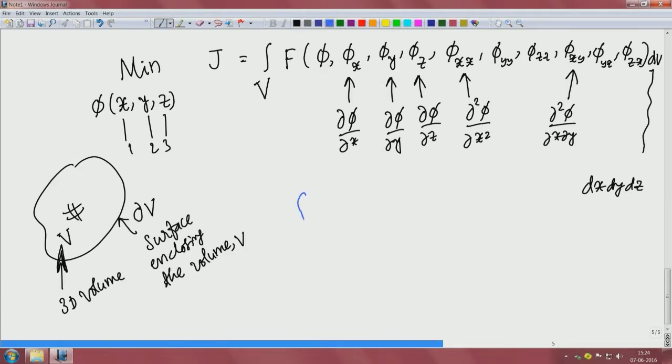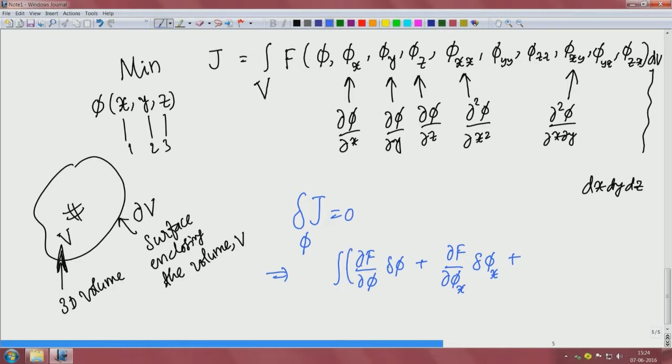First we take the variation of J with respect to the function phi equal to 0. Recalling our Gateaux variation definition, we write it as dou f by dou phi into delta phi, the variation in phi, perturbation in phi, plus dou f by dou phi x into delta phi x, and then the rest of it.